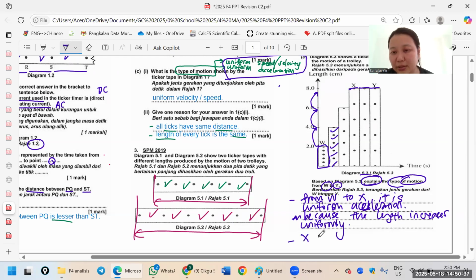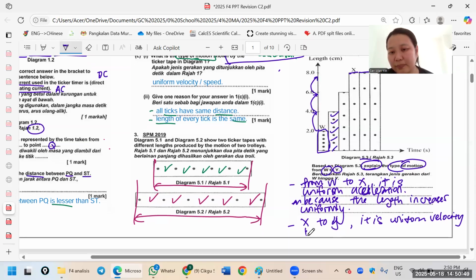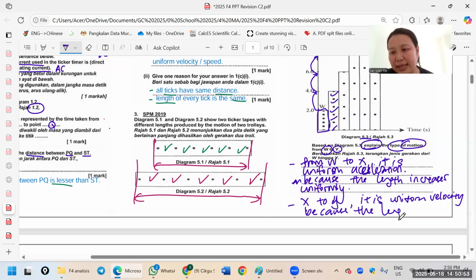And next, what you say? We can say X to Y as uniform velocity. Why? Because the length is constant, or we say the speed is constant.